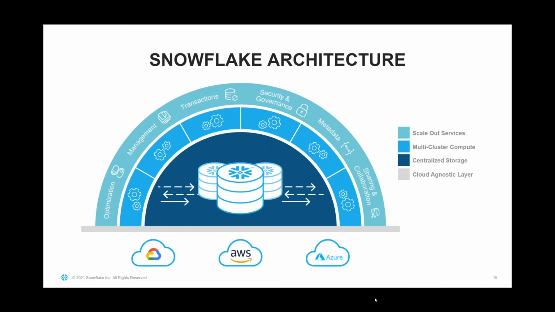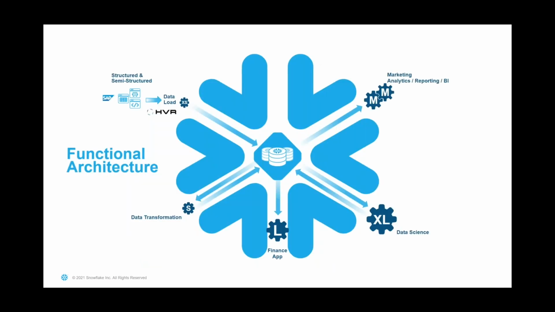Let's move up to the next slide here. And really, this is just a high-level functional architecture of what I just described. On the left-hand side, you can see there's an SAP application, or it could be anything else as well. It could be databases, web applications, you name it.